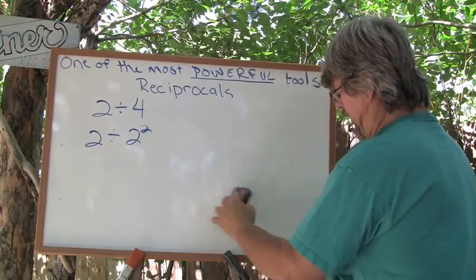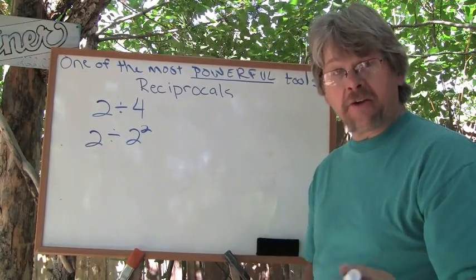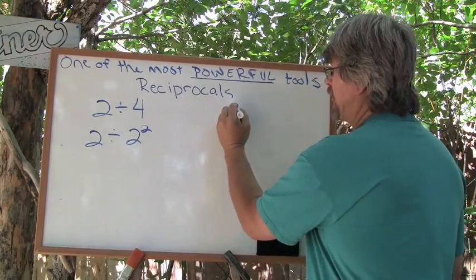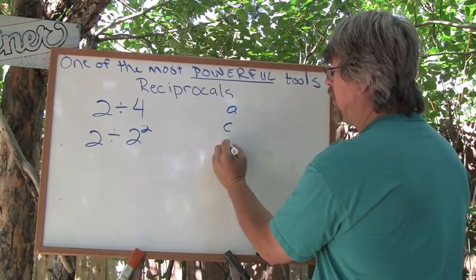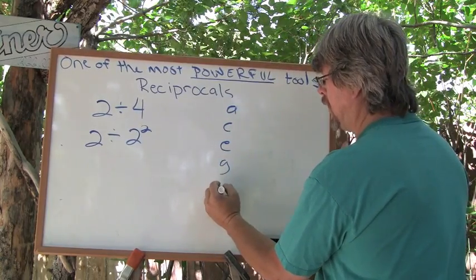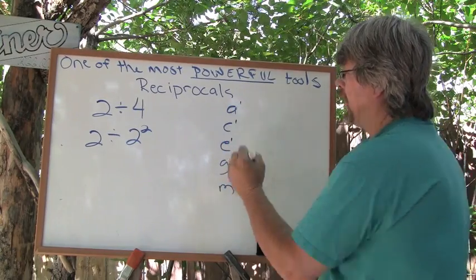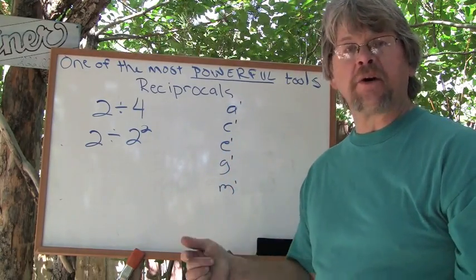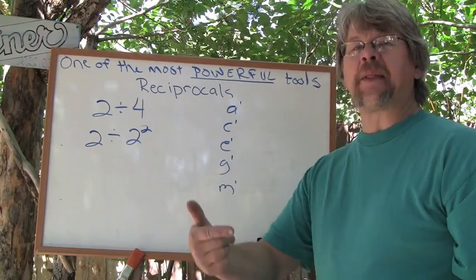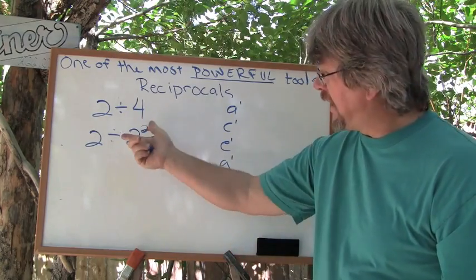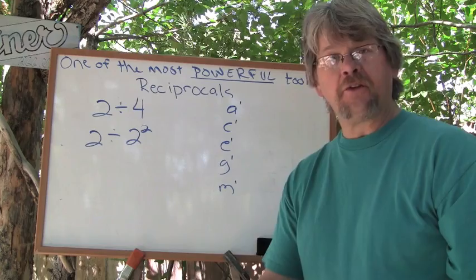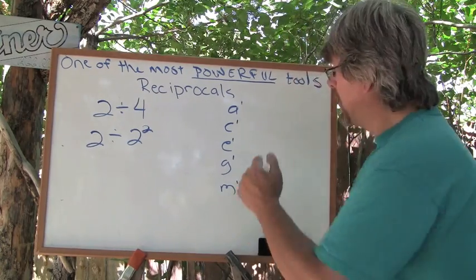And conversely, every variable does too. It doesn't matter if it's the letter A, C, E, G, M. Every variable is actually to the first power. That just simply tells us that it is that variable itself. You don't multiply anything by itself.